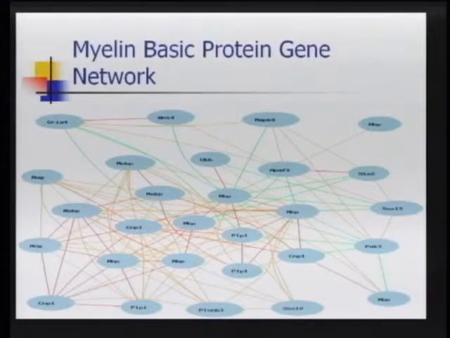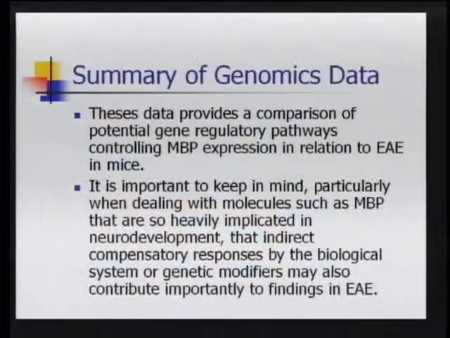I won't go around and talk about all these different genes because it's about time for me to finish up. But suffice it to say that there are some very biologically relevant genes in this gene network for myelin basic protein that might have some roles in EAE.